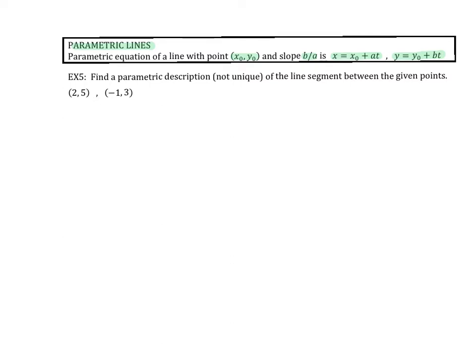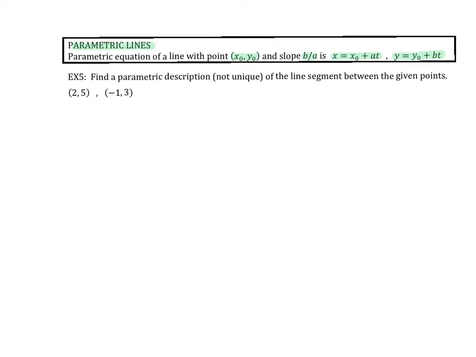In example 5, we want to find a parametric description, and this is not unique, of the line segment between the given points. In this particular example, we're not given a direction, which means I can choose any of those points to be my x sub 0, y sub 0.